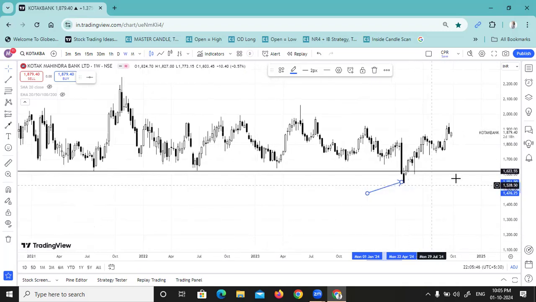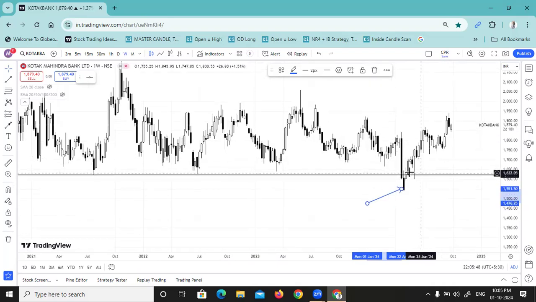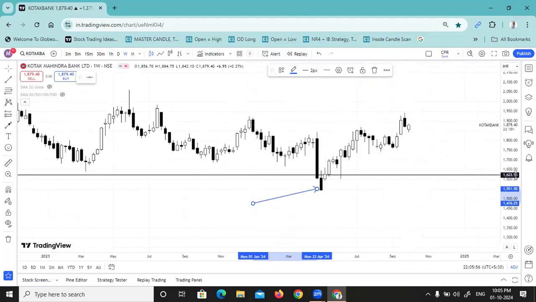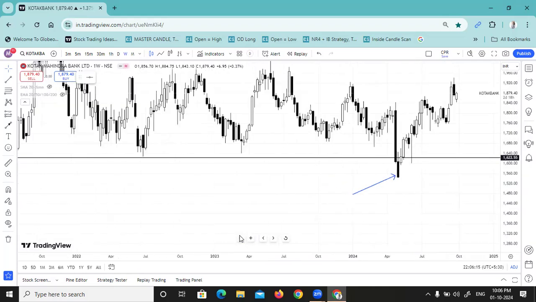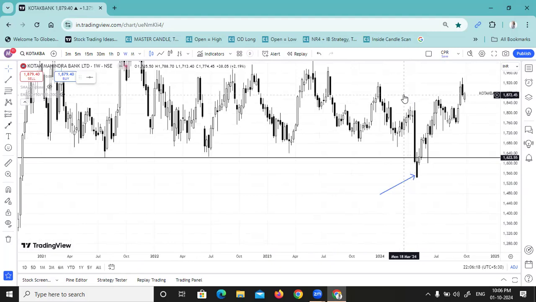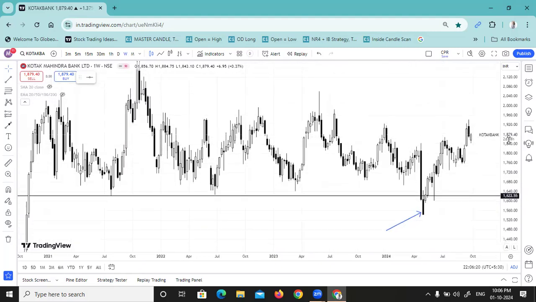So this type of breakdown is a fake breakdown. Why fake breakdown? Because you can see from the next week stock price immediately recovered. That's why I told you, when we take entry, we always take entry below the low of the breakdown candle. Until the breakdown candle's low breaks, we will not take entry. So though it is a breakdown, entry did not trigger. In the same way, if resistance is breaking, once price crosses the resistance breakout candle high, then we will take entry.